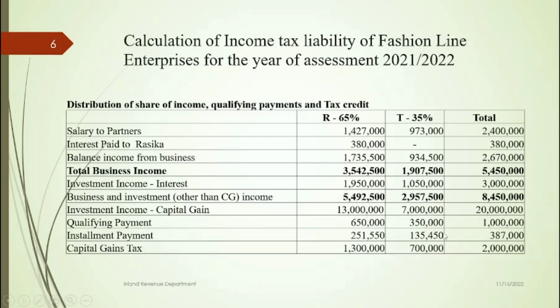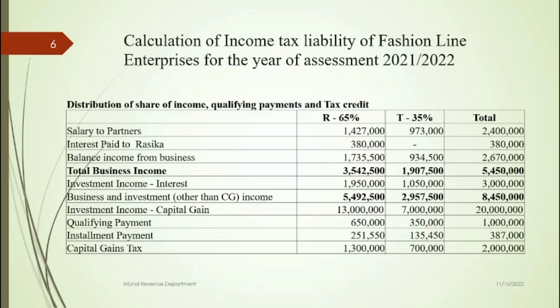Then total business and investment income to Ms. Rasika will be 5,492,500 and to Ms. Tilaka 2,957,500. We have to remove capital gain from the investment income to calculate this business income and investment income.